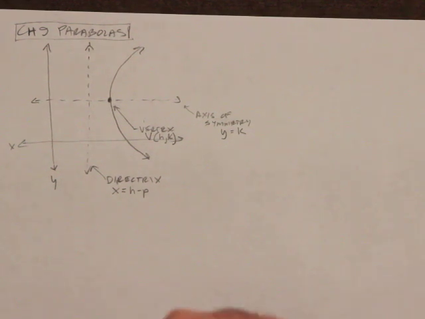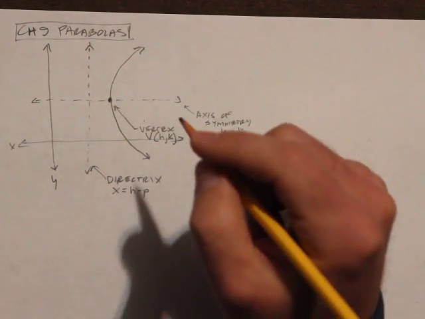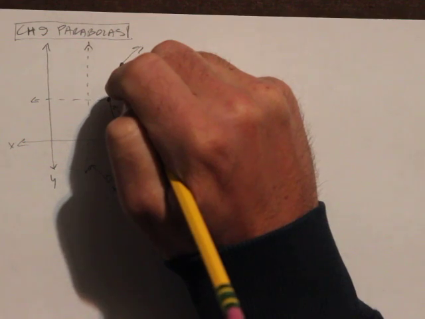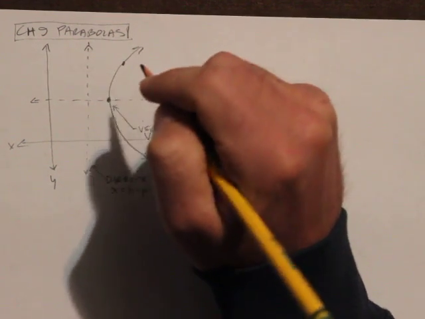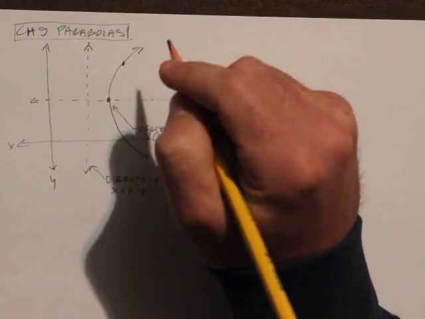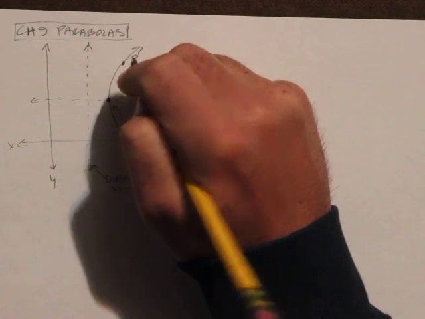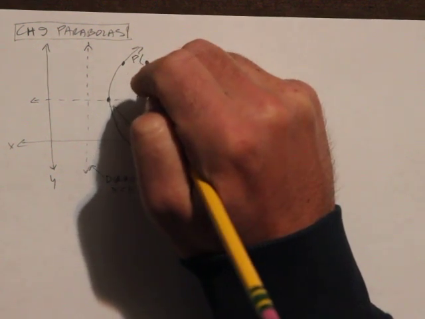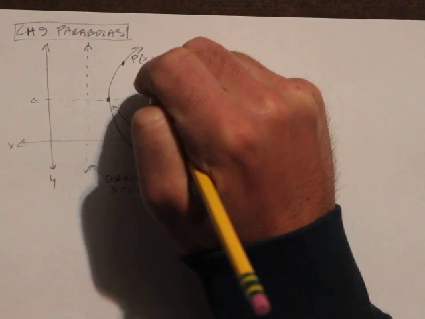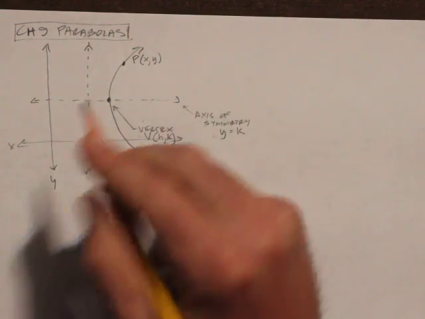Now there's a few more things we're going to draw on this. We're going to find a place right here and call this point capital P, and we're just going to say this is (x, y).